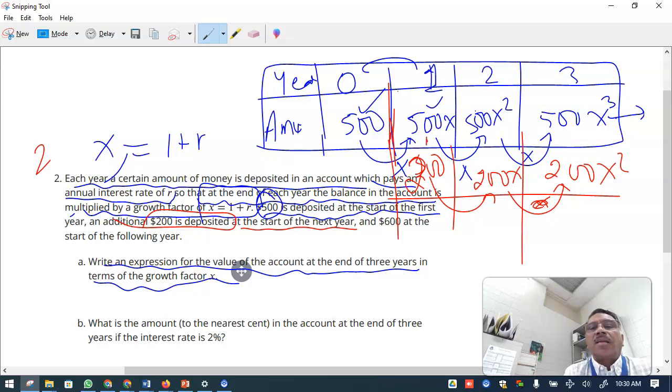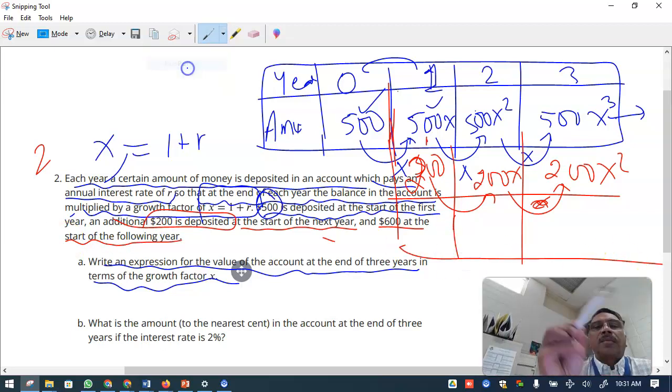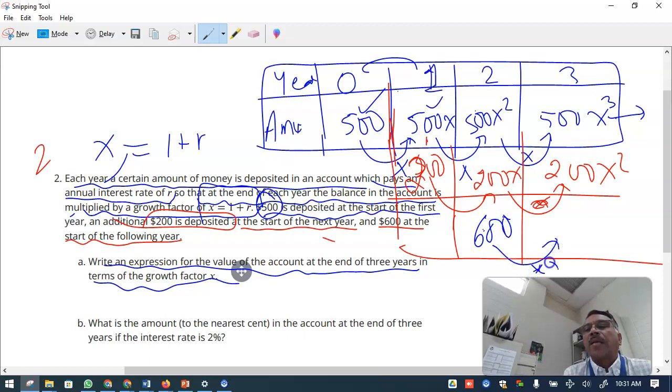And finally, 600 is deposited at the start of the following year. So the $600 is kept only for 1 year, so you multiply by x. So this becomes 600x. All this money will be together.